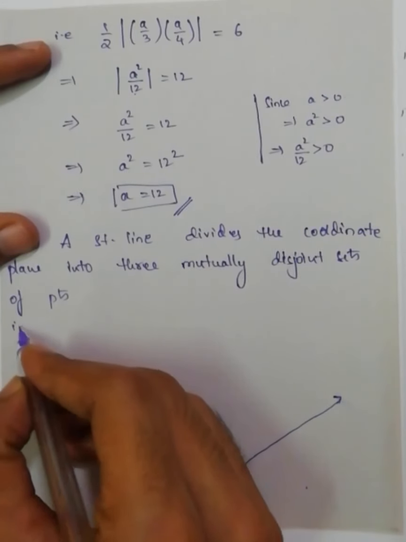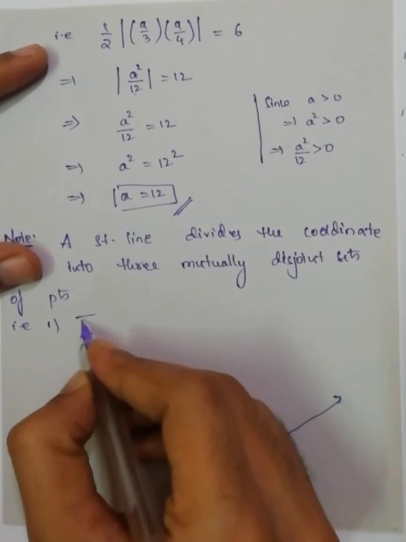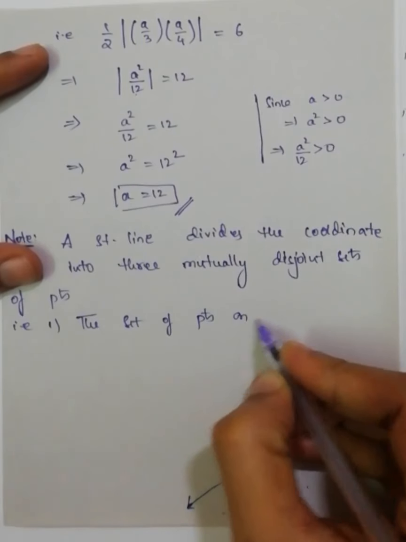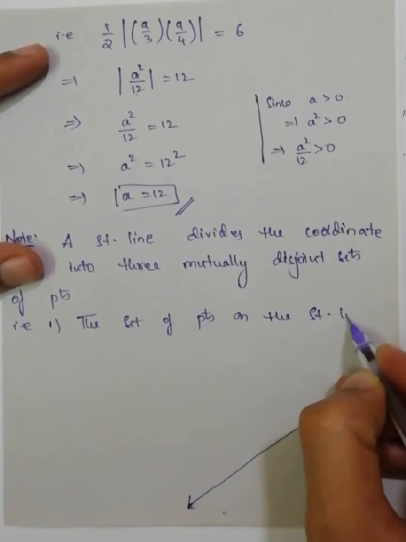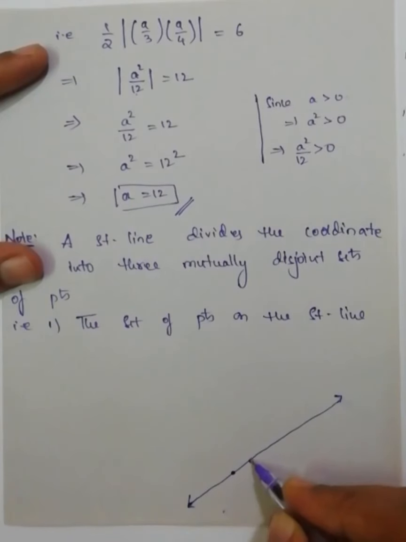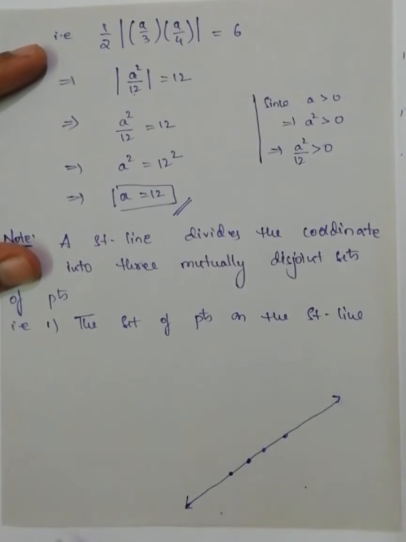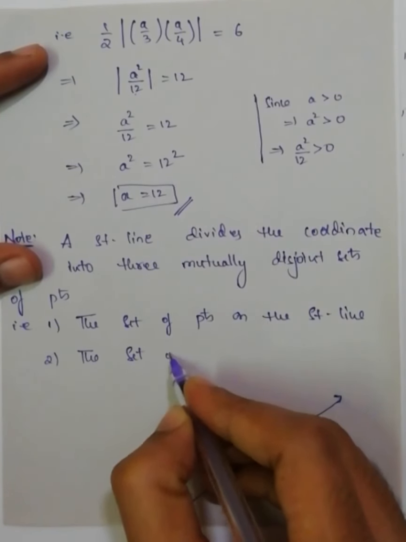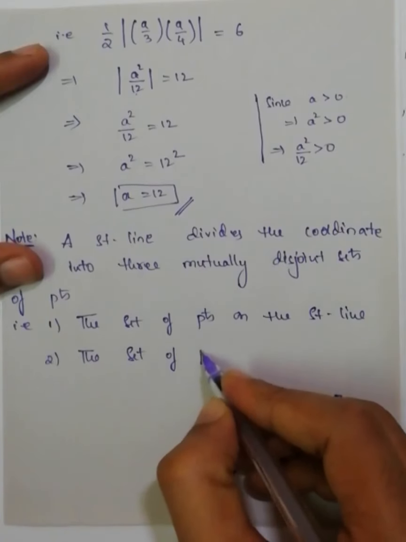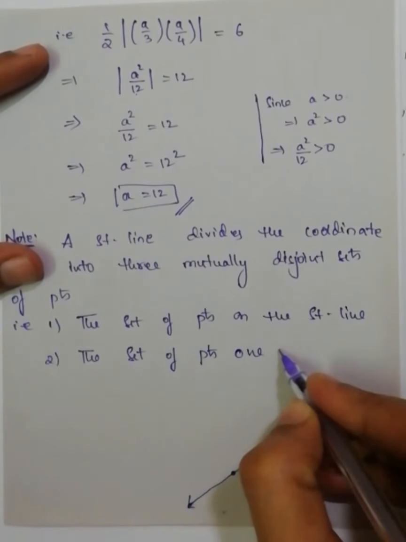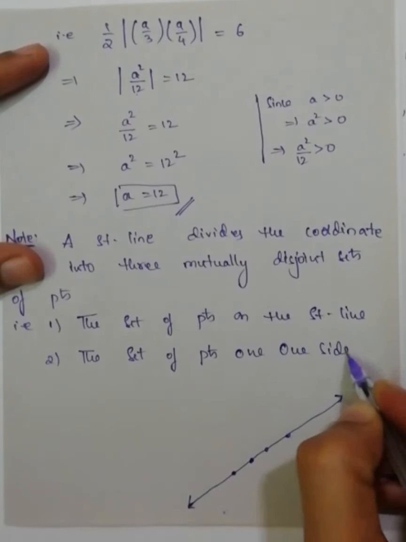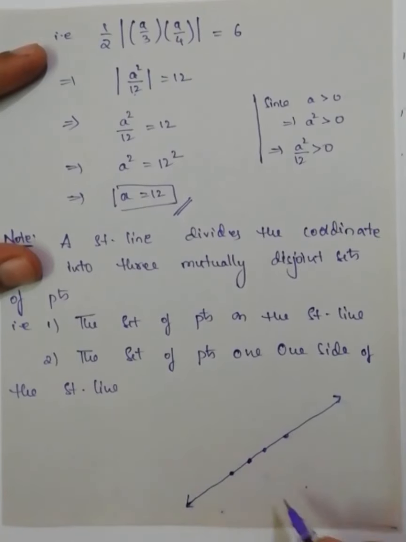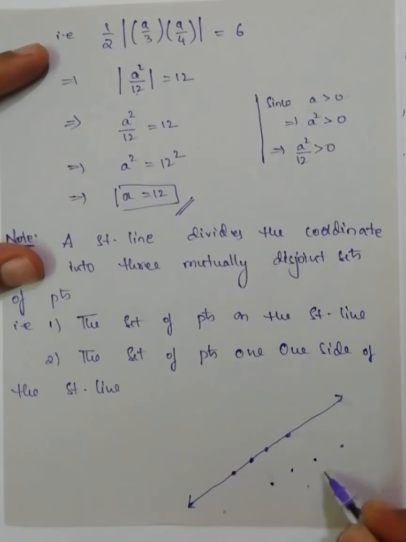That is, first one, the set of points on the straight line. The set of points on the straight line, this one. Second one, the set of points on one side of the straight line. The set of points on the one side of the straight line.